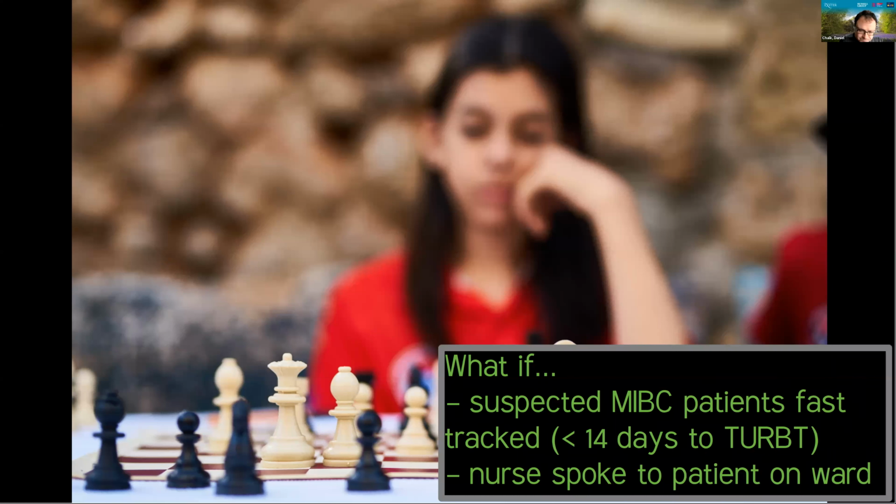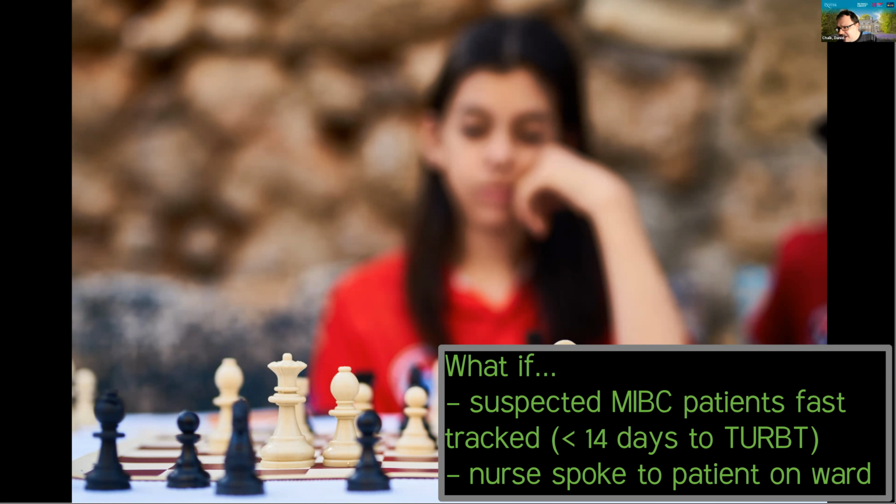Those two things were: what if those patients who the consultants suspected to be muscle invasive patients, those where we need to try and catch them early, were fast tracked such that they received their TURBT within at least 14 days of the cystoscopy?